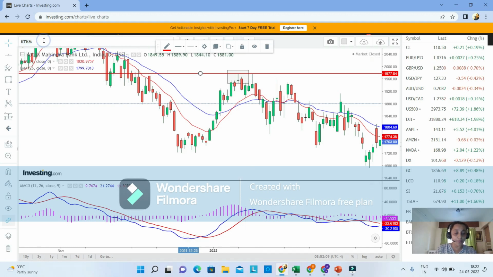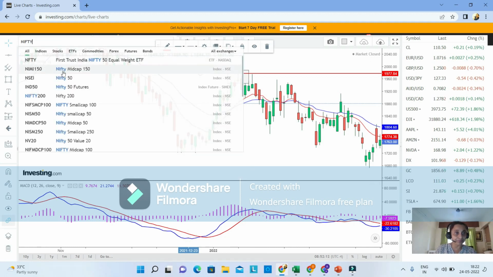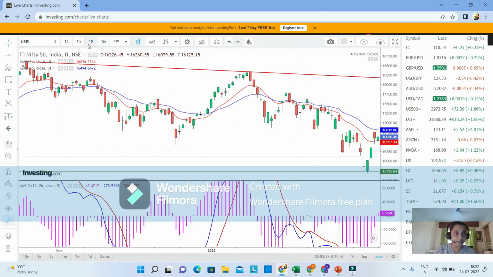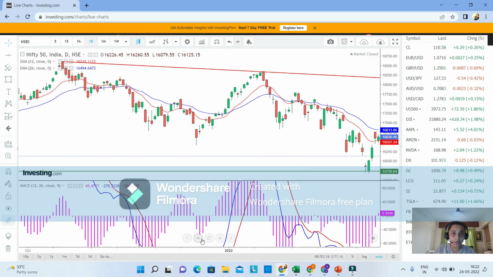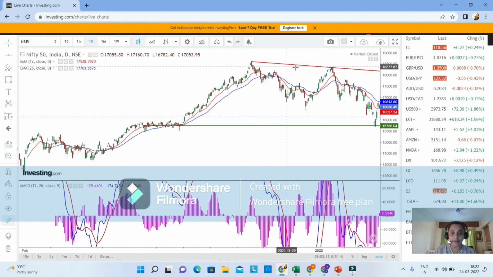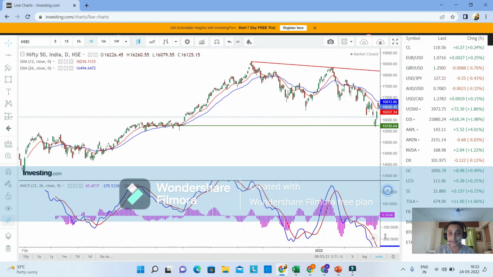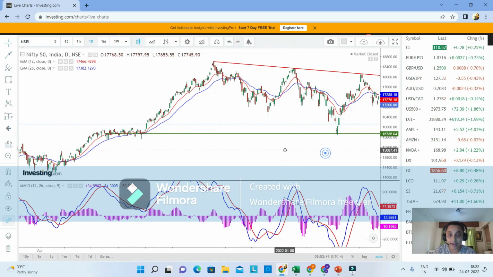So if I take one more example, if I look at Nifty maybe, yeah, so this is Nifty. This was the resistance that was there in Nifty. So if you see here, this up move had very good momentum in terms of trend. The moment it reached its resistance, see the good upward move started dying out.